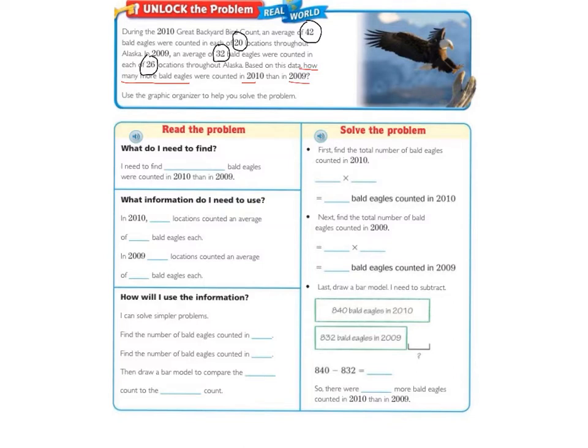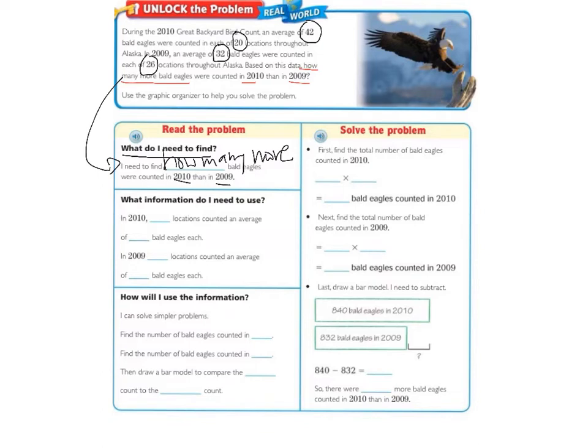than in 2009? All right, well, we've used this graphic organizer before, so let's plan out the things that we know and how we're going to use them. So the first thing we need to know is, what am I trying to find? I need to find how many more bald eagles were counted in 2010 than in 2009?